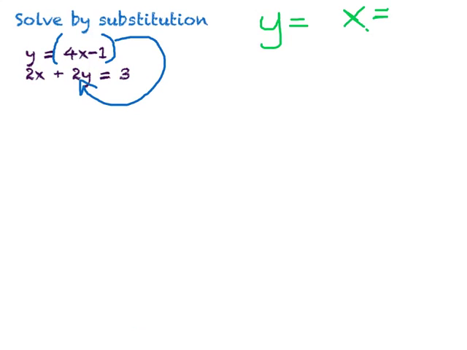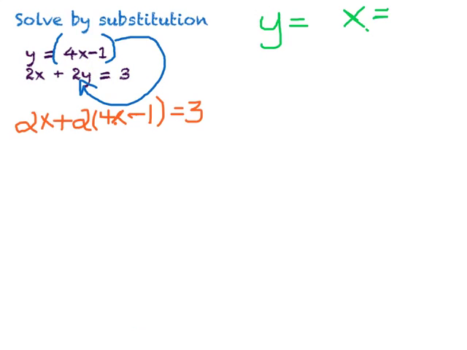So we're going to rewrite the equation: 2x plus, instead of 2y, I'm going to write 2 times the quantity, and instead of y, I'm going to put 4x minus 1 in, and that equals 3. Now I want you to think about this as if I had an equation.